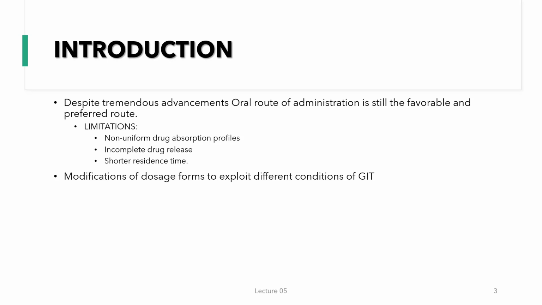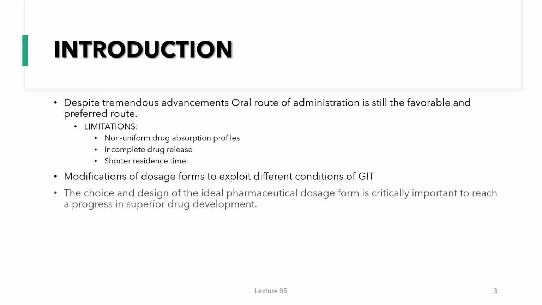In view of the fact that correlation between drug intake and a clinical response is complex enough, the choice and design of the ideal pharmaceutical dosage form of a drug delivery system would be critically important to reach a progress in superior drug development.